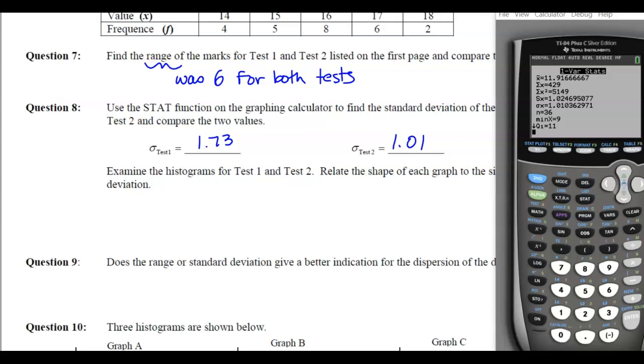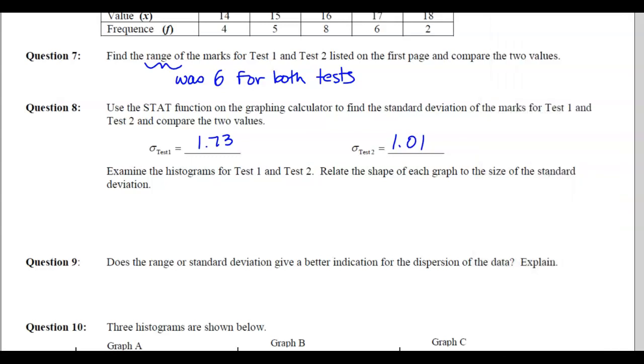Okay, and then remember we talked about the histograms, relating the shape of the graph to the size of the standard deviation. Okay, so this one was the first test, and it was more sort of evenly spread out. So the bars were lower.